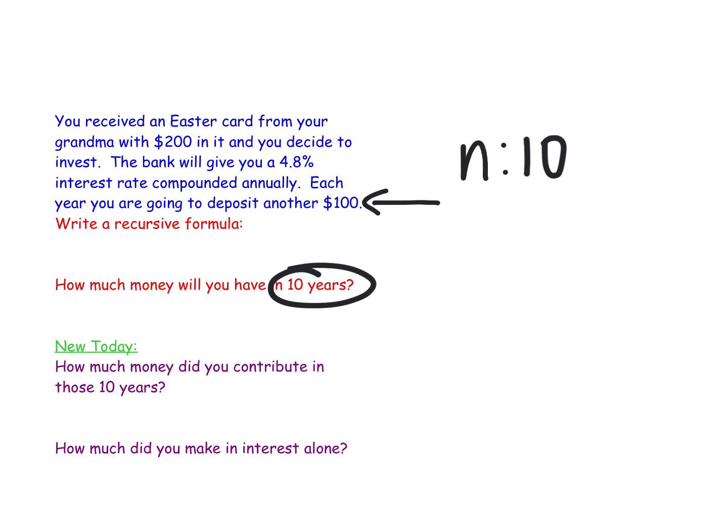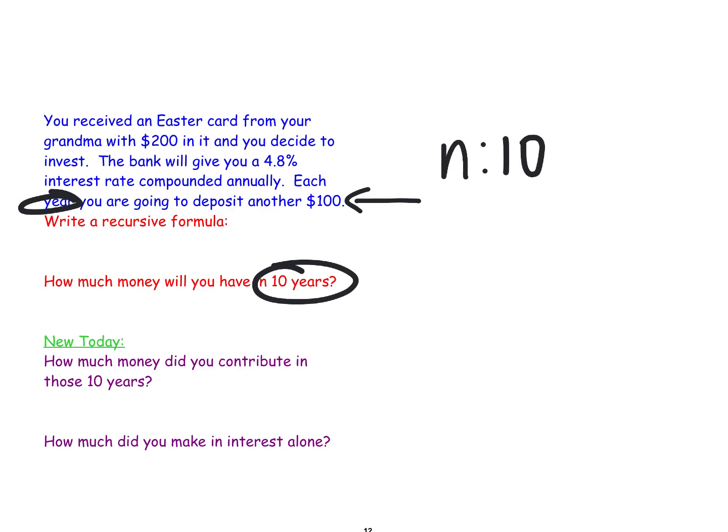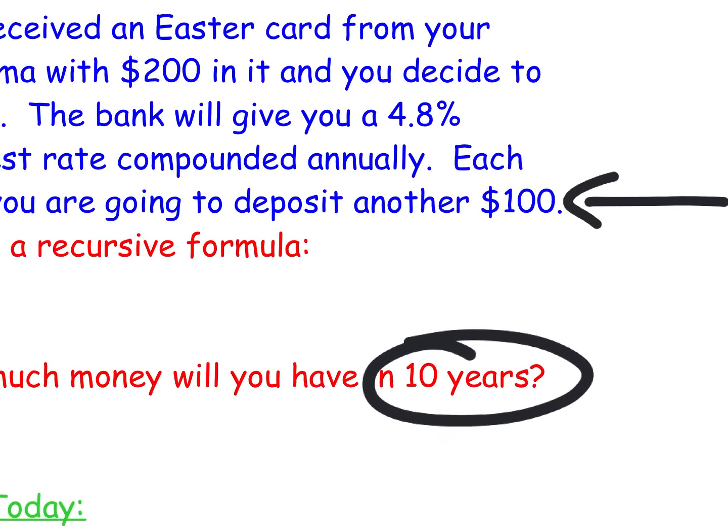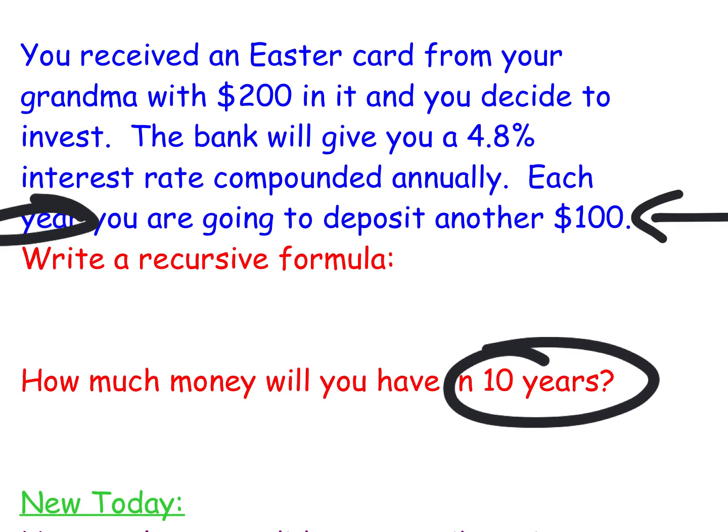It said each year you are going to deposit another 100. Okay, there's part of this I've been kind of ignoring, and I want you to see it. U0 was your starting amount, 200. What always comes next?